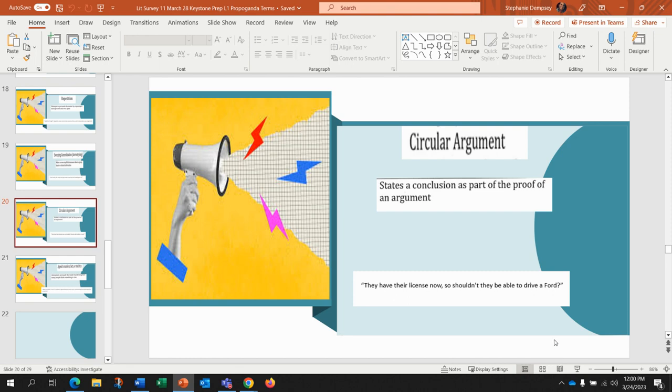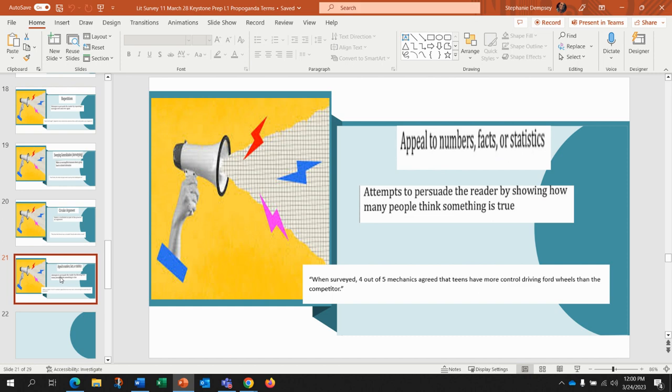That's the conclusion, that they want that, but they have the ability to drive. So it kind of turns the statement into a circle. You circle back to something that isn't really the reason why you should get the car. It's just something that happens to have to do with what you're talking about.